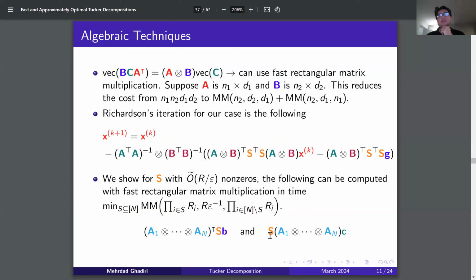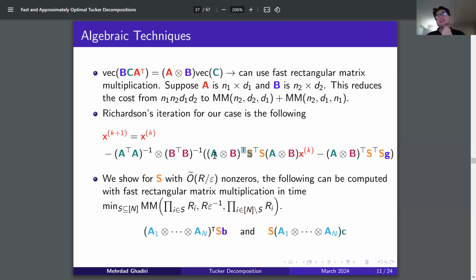Just to follow up, A Kronecker B times x is easy to compute, but then S, you said, is a diagonal sparse matrix. So isn't it somehow easy to multiply that by the outcome of A Kronecker B x? If you vectorize this matrix product, then you just select the non-zero indices.